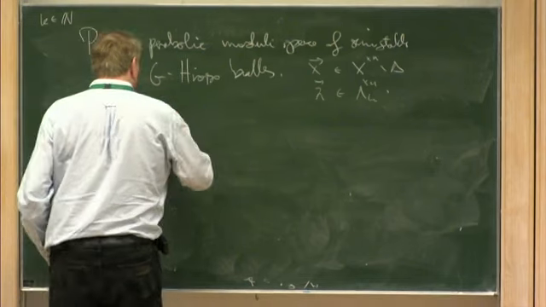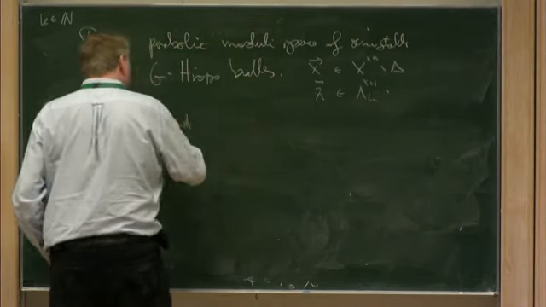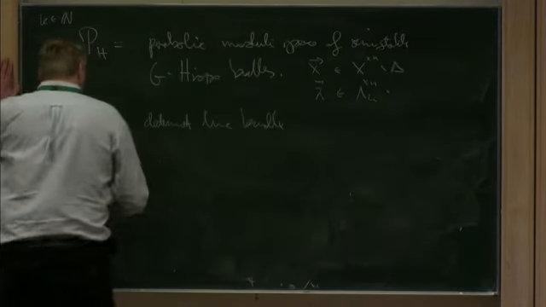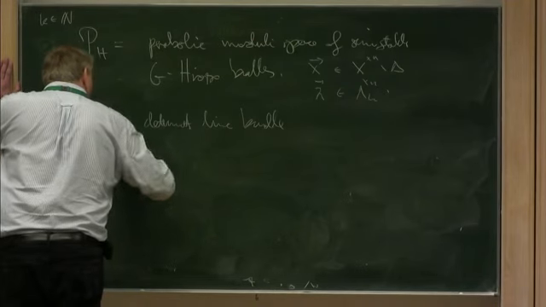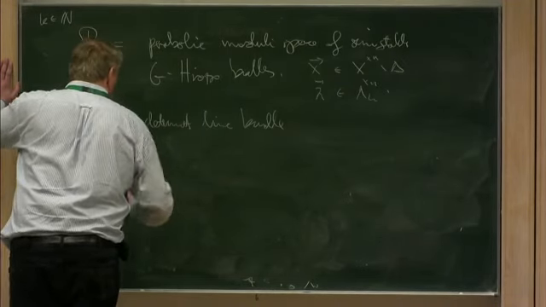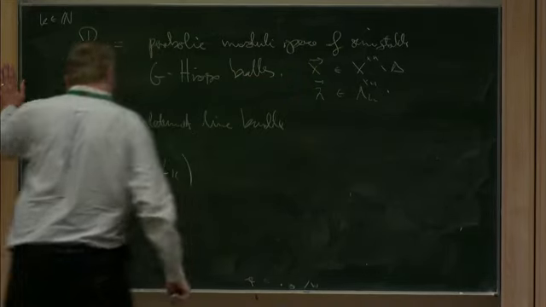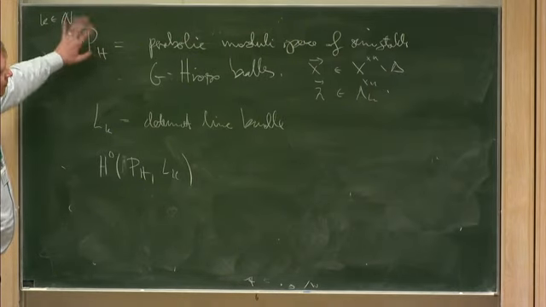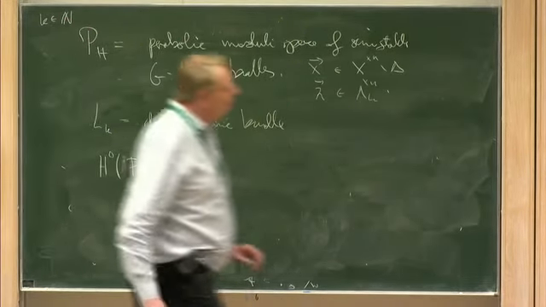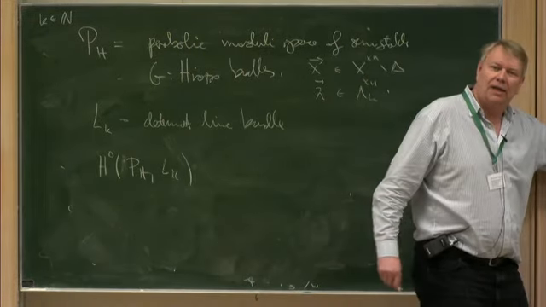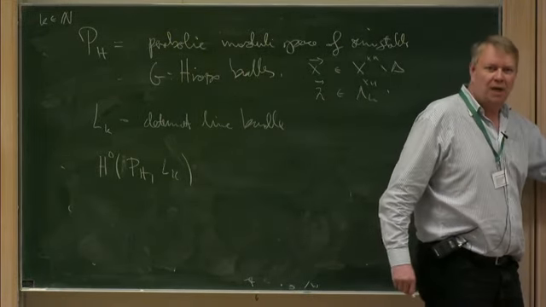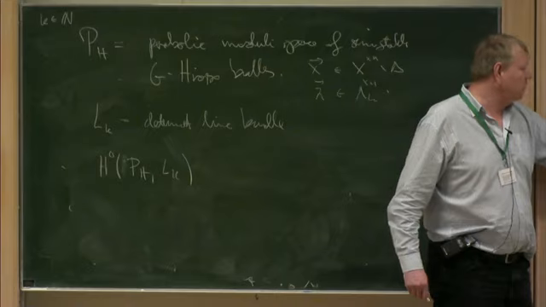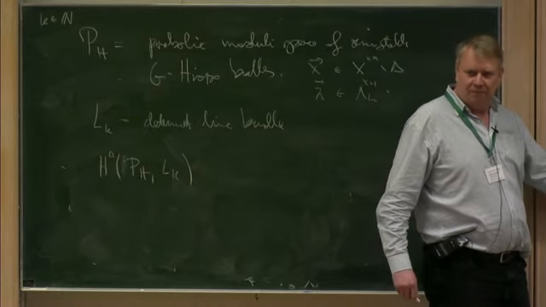There is a determinant line bundle, and therefore we can consider H0 of the parabolic Higgs bundle moduli space, L to the k. It turns out that this is actually an isomorphism of Picard groups, and the Picard group of the Higgs bundle moduli space, both parabolic and non-parabolic, is the same as the Picard group of M.